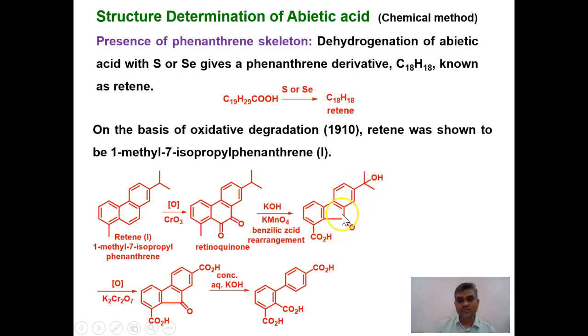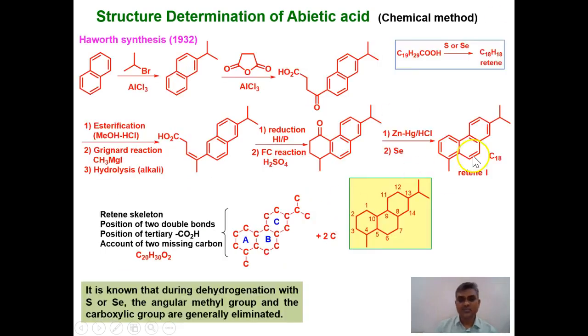So we get a fluorenone derivative, and fluorenone on reaction with KOH gives a tricarboxylic acid. In this way, we have reached the structure of 1-methyl-7-isopropyl phenanthrene on the basis of this oxidative degradation experiment. Another proof of the structure of retene is from synthesis.